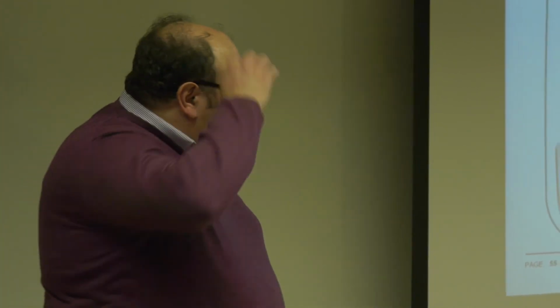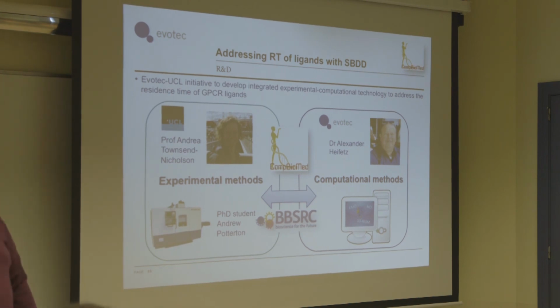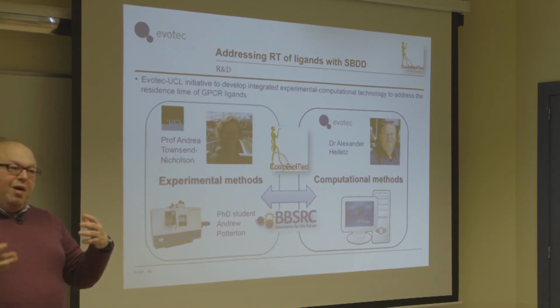The last thing that I wanted to show you guys is our collaboration with academia. I think academia has a huge advantage. It can do proper research instead of the biased research that we have in industry, because it's all very project related. It's a huge opportunity and a privilege to work with the group of Professor Anders Thorson Nicholson.